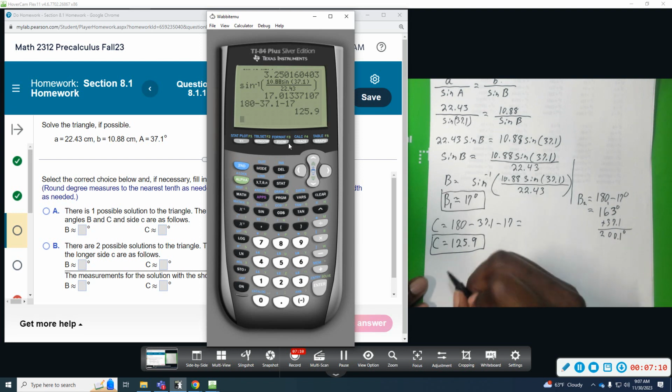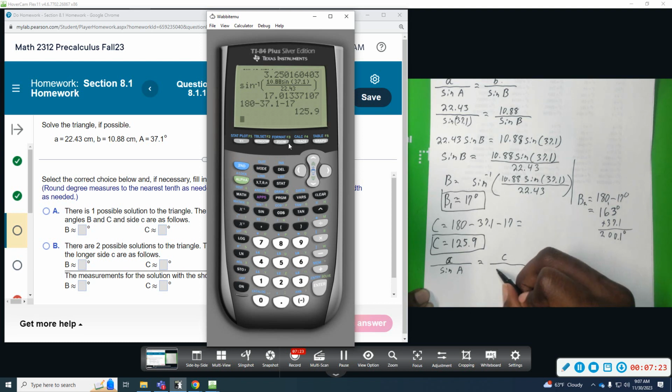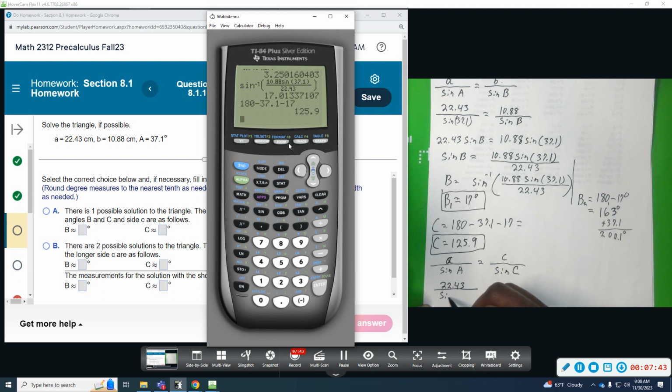So we're going to do A over sine A is equal to C over sine C. 22.43 over sine 37.1 equals side C over sine of 125.9.